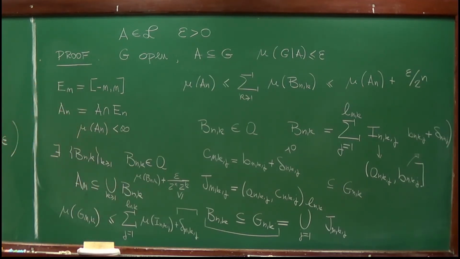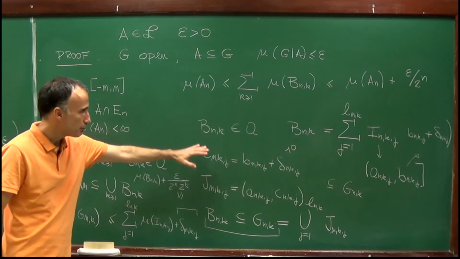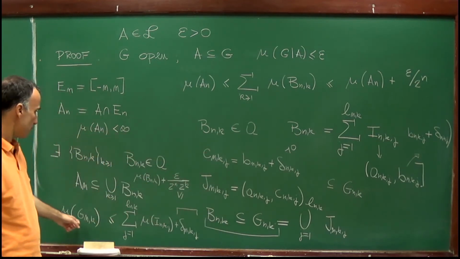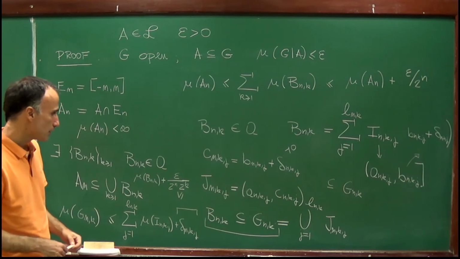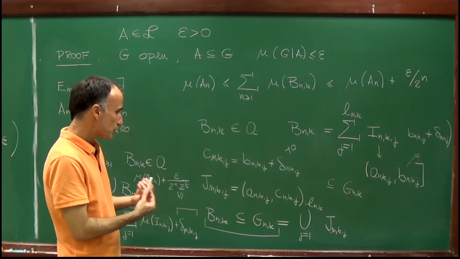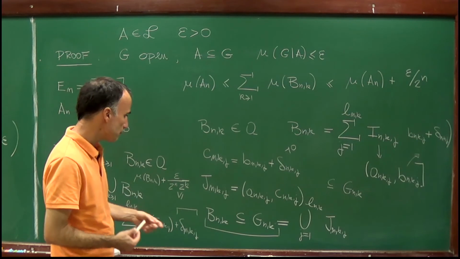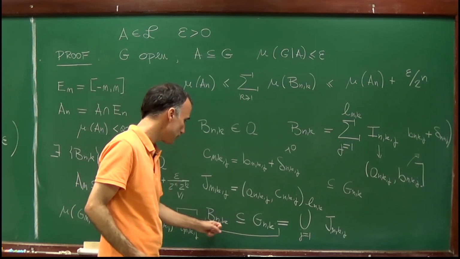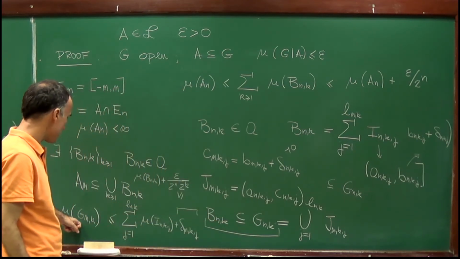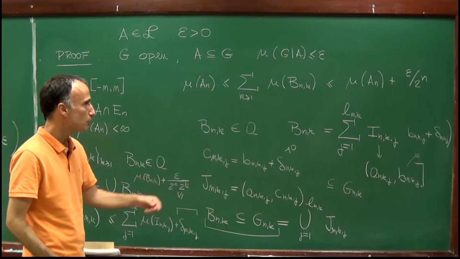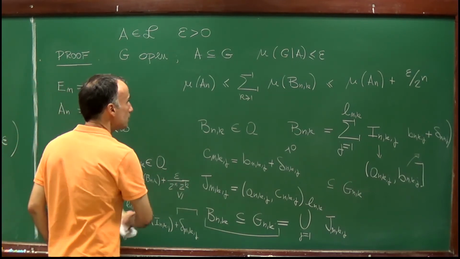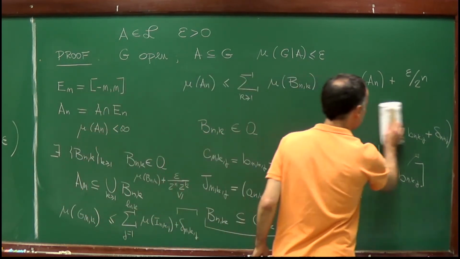So I'm just erasing everything I wrote, conserving the important properties of G_{n,k}: it's an open set, contains B_{n,k}, and its measure is bounded by the measure of B_{n,k} plus epsilon divided by 2^n 2^k. So let me erase everything.